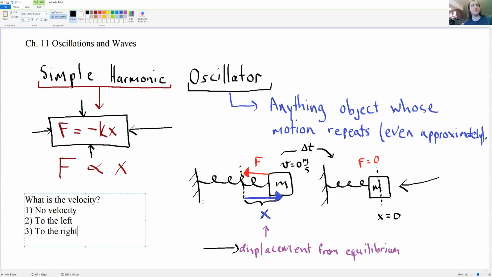So remember, we've stretched the spring, we've let it go, it comes back to its equilibrium position. What's the velocity? Interesting, a lot of 1s.